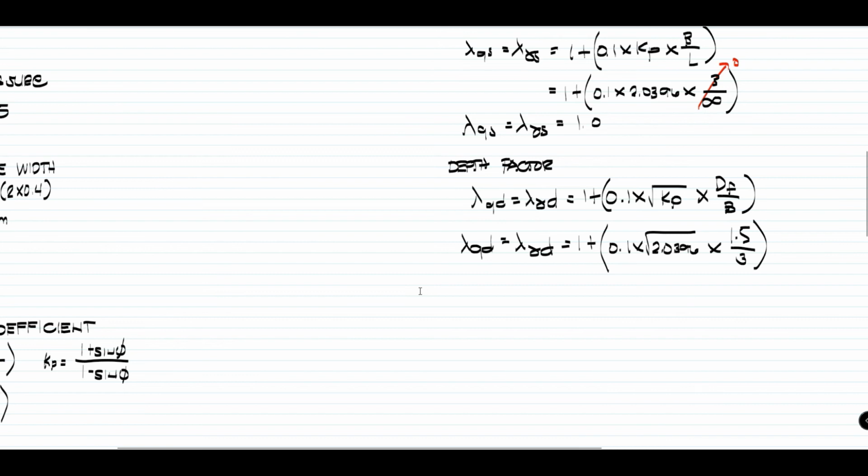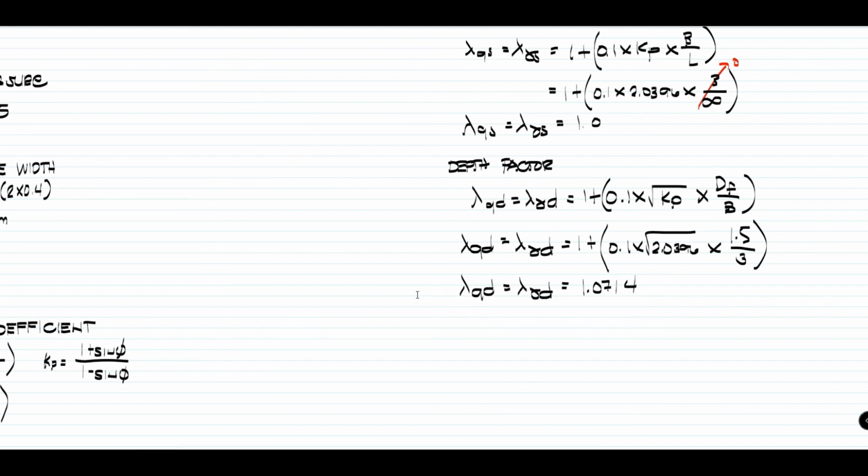Then, this value will be equivalent to, so lambda QD is equal to lambda gamma D, which is equal to 1.0714.